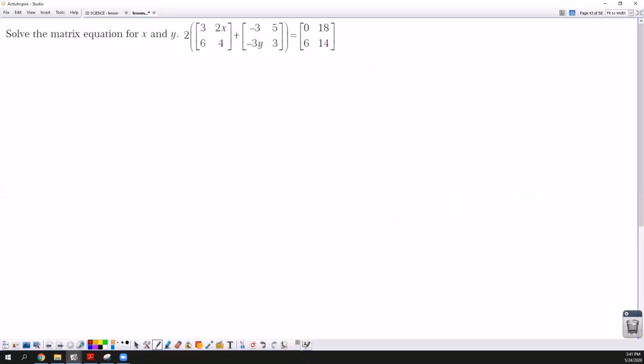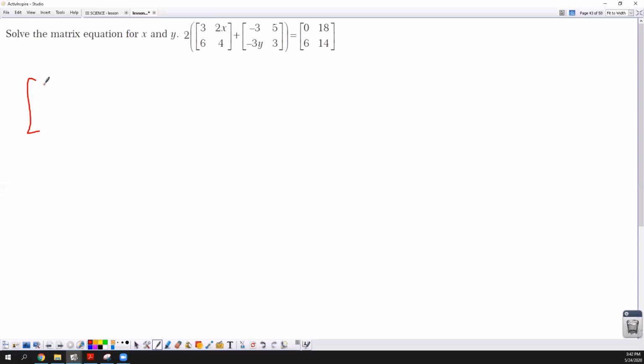In this section, we are going to find the value of x and y. The matrix multiplied by a scalar 2, plus the other matrix, gives us 0, 18, 6, and 14. Okay. So we will multiply 2 by 3, 2 by 2x, 2 by 6, and 2 by 4.